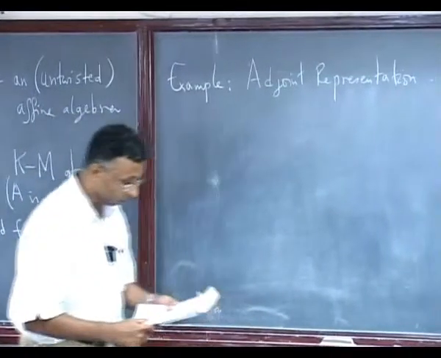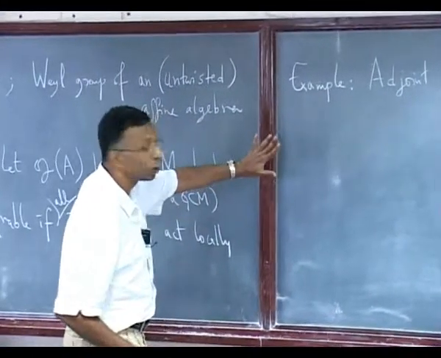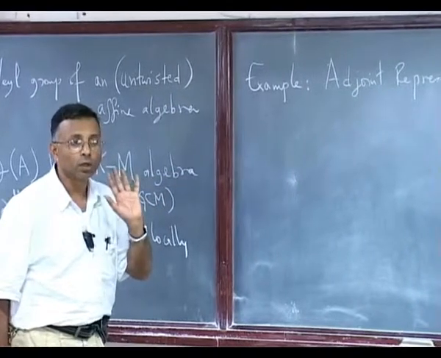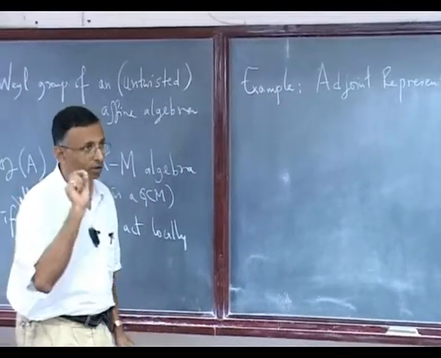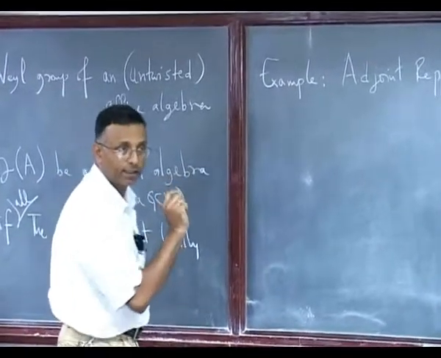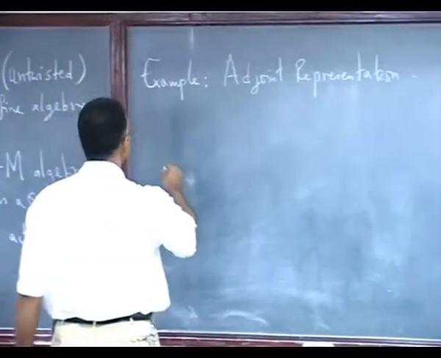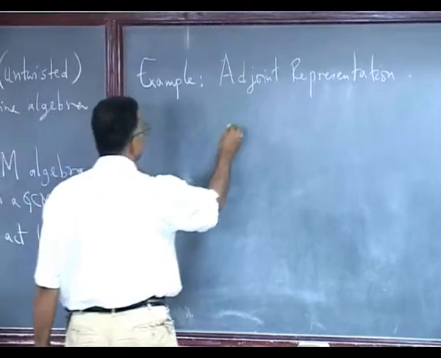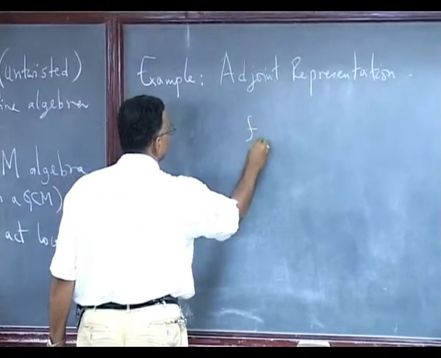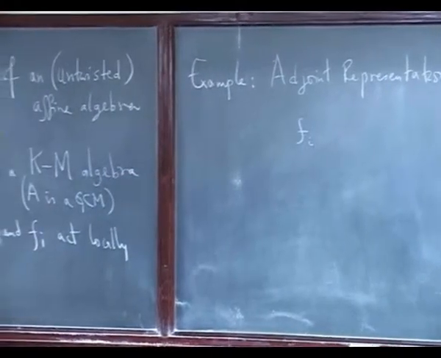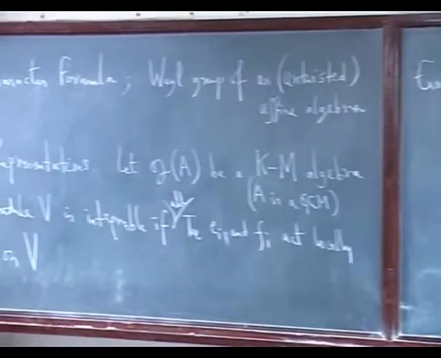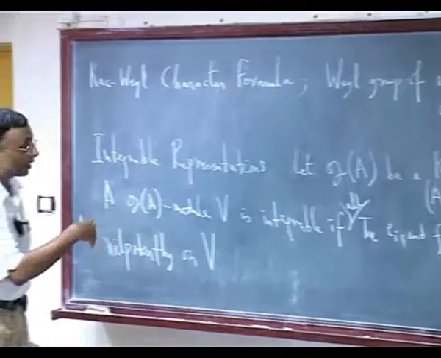I will do a part of it which is quite interesting. Take F_i, which is one of the elements in the adjoint representation, and take another F_j.